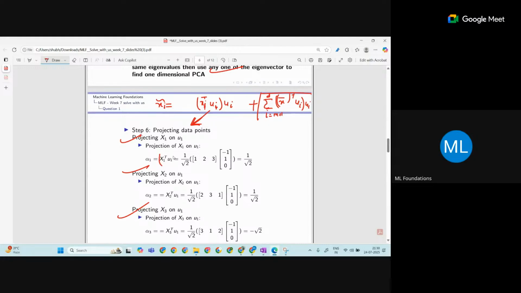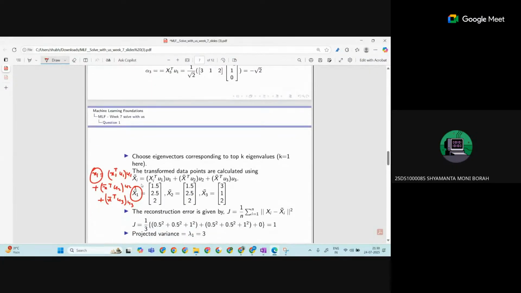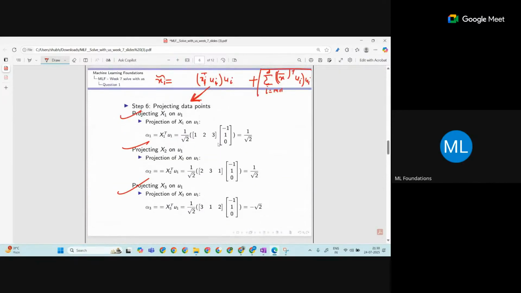Is it not multiplied? It should be multiplied with u1. Sir, I think it's multiplied in the next step, probably. Okay, maybe. In general it should be, yeah, they are not multiplied. So actually here it should be multiplied.